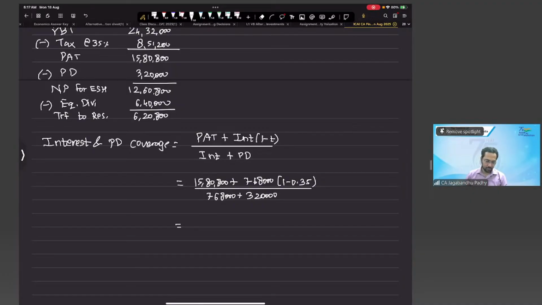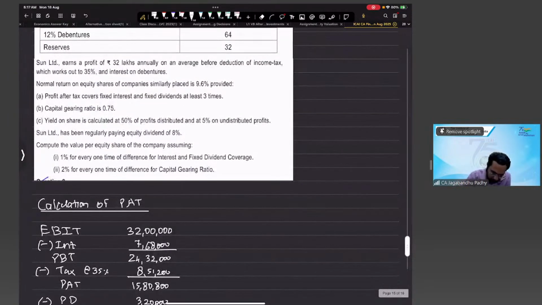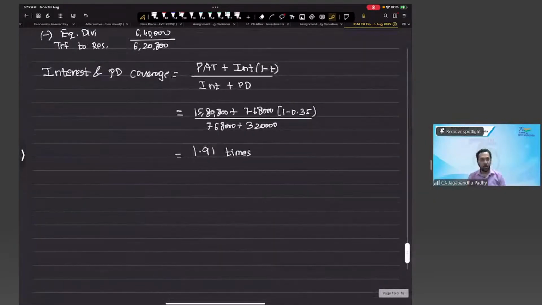What's the number? 1.91. 1.91 times. And what was the threshold? What was the target that they had? What was the ideal number? 3 times, at least 3 times. Right? But here it is 1.91.